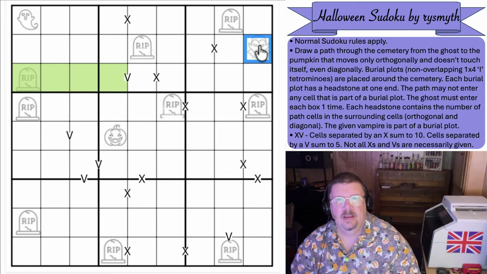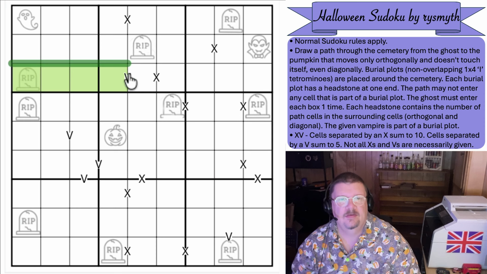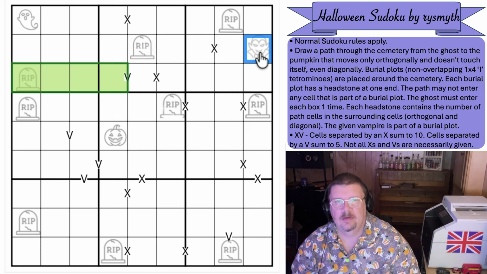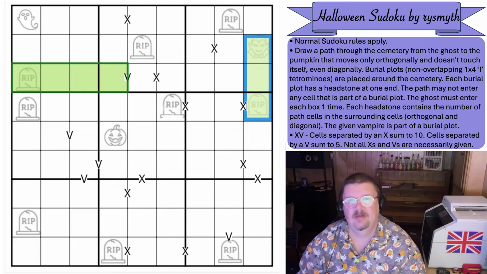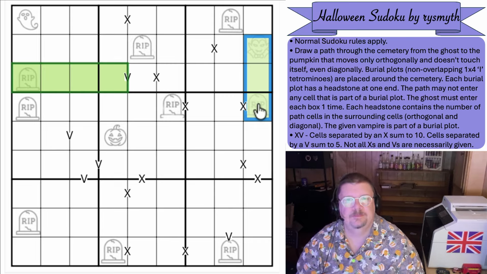Actually, I'm going to draw around that so that we can see that that's completed. All right, this is part of a burial plot, but the only one it can be part of is this one. So those 3 are definitely in a plot.